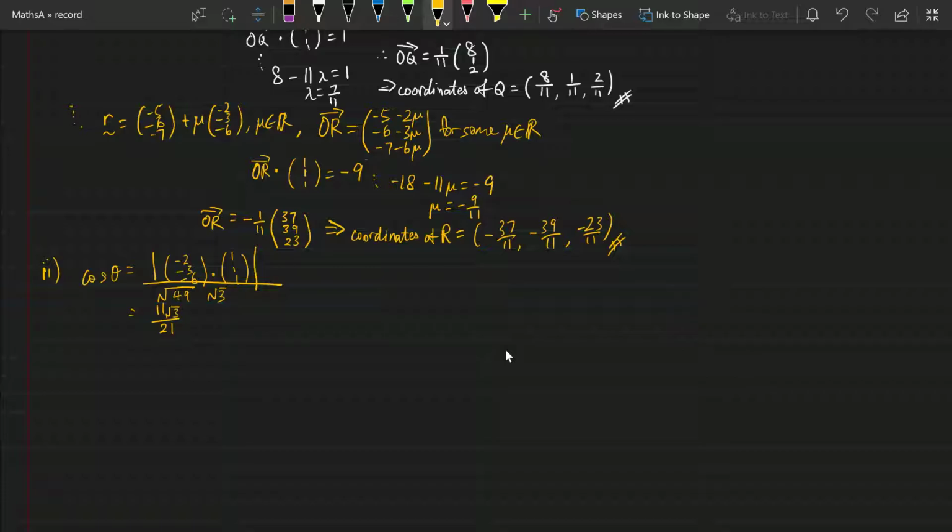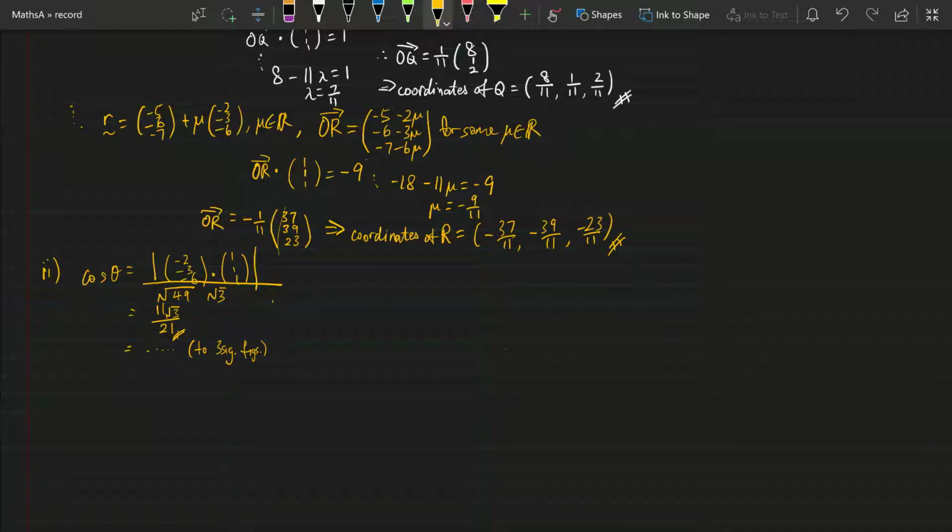They didn't request 3 significant figures, but you could have written that and it's perfectly fine. For me, I just prefer to leave it in surd form.